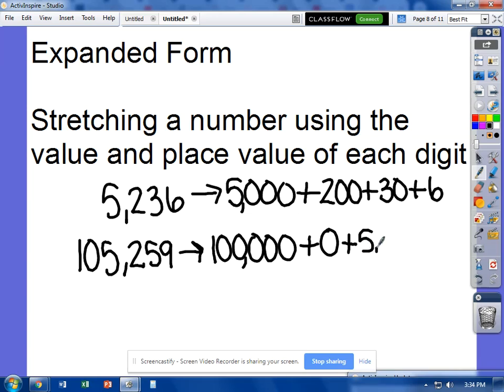Plus, once again, we have 5,000 plus my 2. There are 2 numbers behind it, so 200 plus 50 plus 9. So once again, we took our standard form, we took our form of a number, and we just stretched it out as far as we could based on the value of each of those digits inside the number.